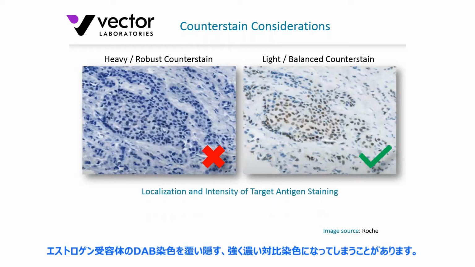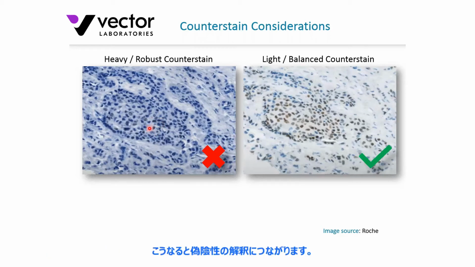whereby we have a very robust or a heavy counterstain that masks or obscures the specific stain of the estrogen receptor. And unfortunately, this would be interpreted as a false negative. You have to be very careful with counterstains in this situation, and you want to get more of a light or a balanced counterstain, such as the one that's shown here, whereby you can differentiate the brown estrogen receptor localization in contrast with the other blue nuclei.